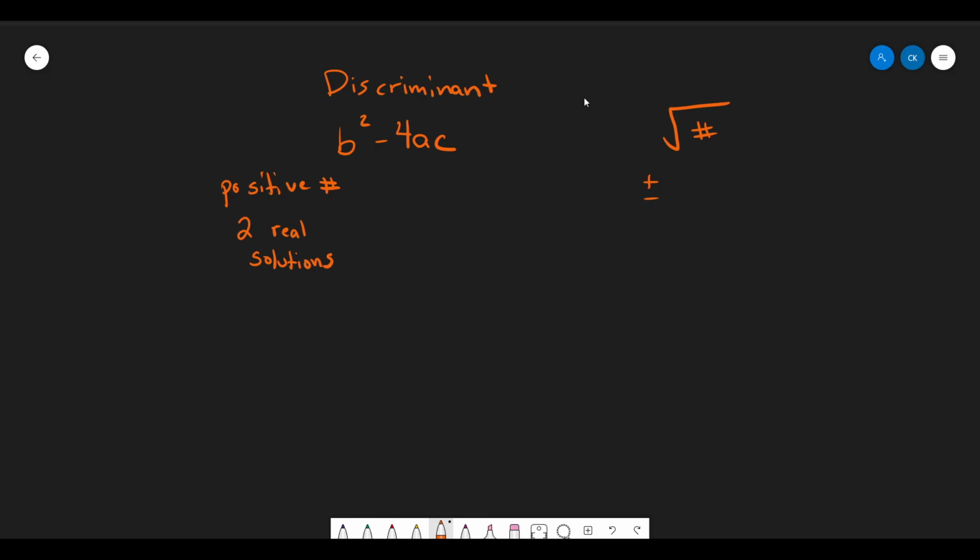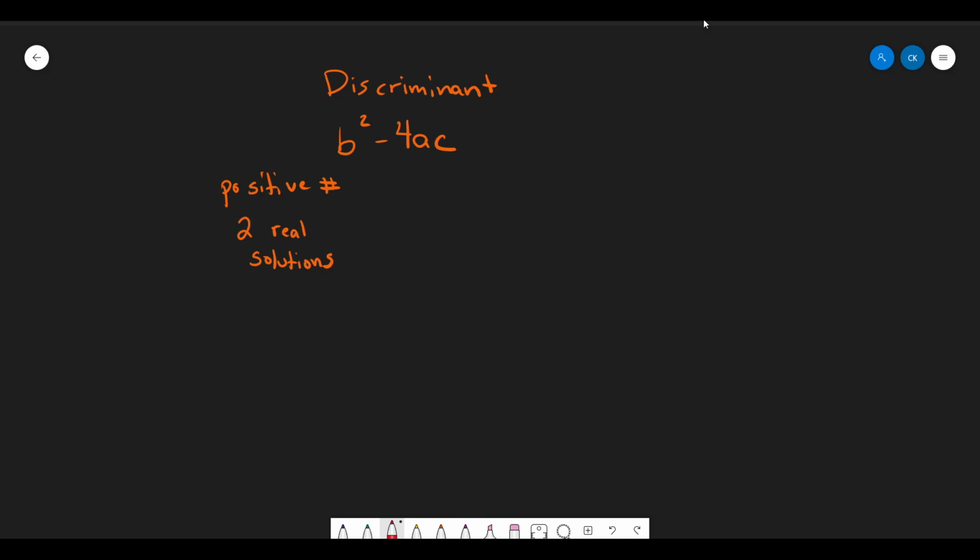There are such things as non-real or imaginary numbers. Like I said, we're not really going to get into that, but they exist, so we need to talk about them. We need to make sure that we say that they exist. Okay, so that's the first way. If I get a positive number from b squared minus 4ac, we have two real solutions.